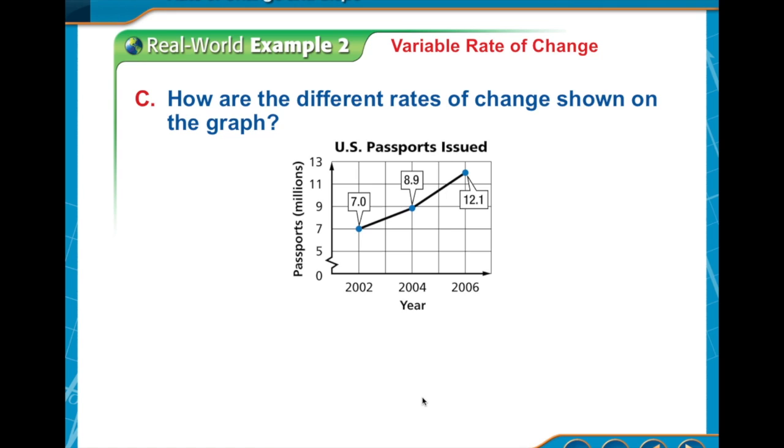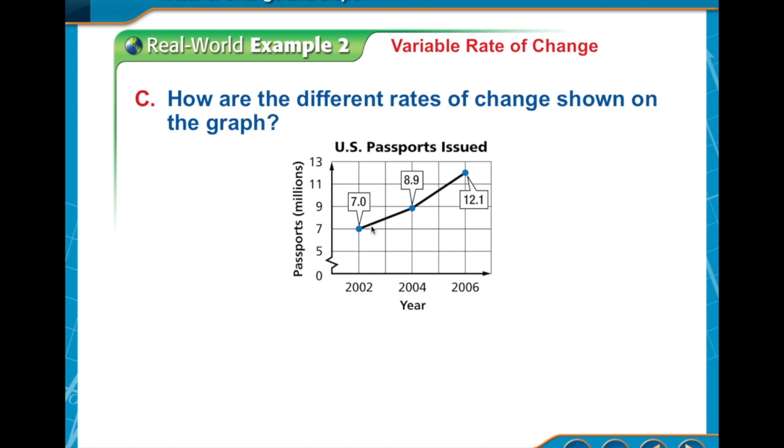Okay, so 2C. We're looking at this graph. We want to look at how different the rate of changes shown are. So, in other words, let's take the numbers that we already found and compare them. So we found the rate of change between these 2 years.